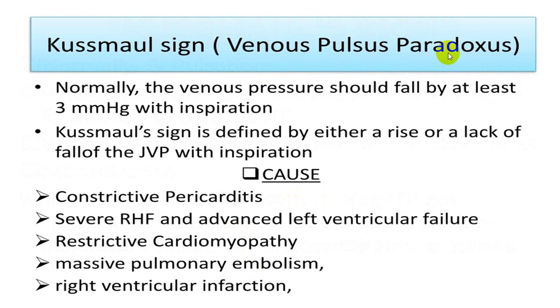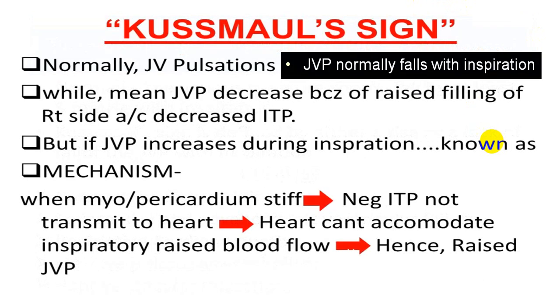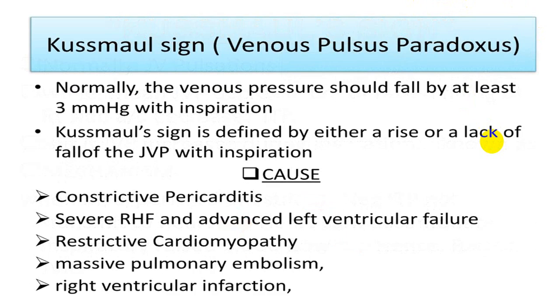So in a normal person, during a deep inspiration, there is a fall. Instead of that, there is an elevation of jugular venous pressure, and hence it is also called a venous pulsus paradoxus. Kussmaul sign can be asked to you in your oral and also as a short note. So do remember, I've already told you, classical example, constrictive pericarditis.